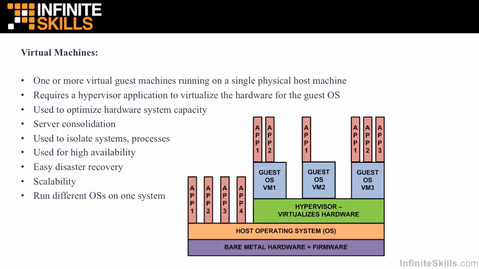This is great for increasing the utility of your hardware. Many systems operate at 10 to 20% utility. In other words, you're wasting 80% of your computer because you're only using it for a single desktop and a single series of applications for that one session.